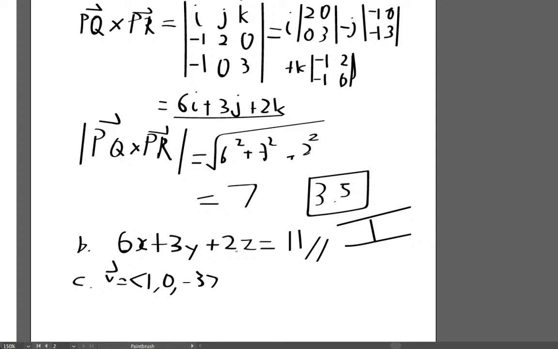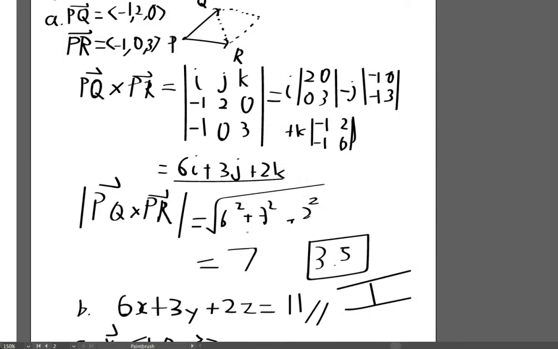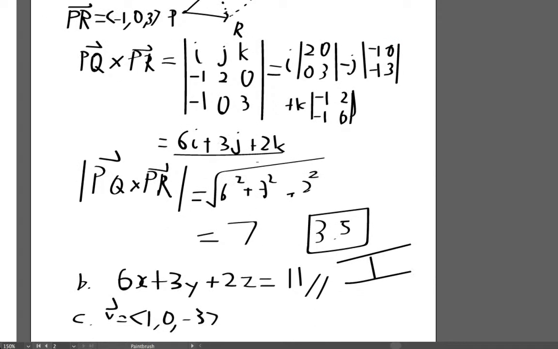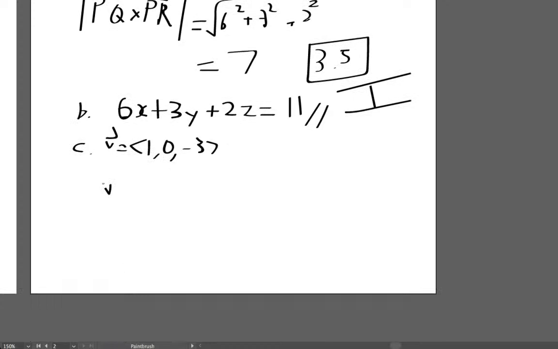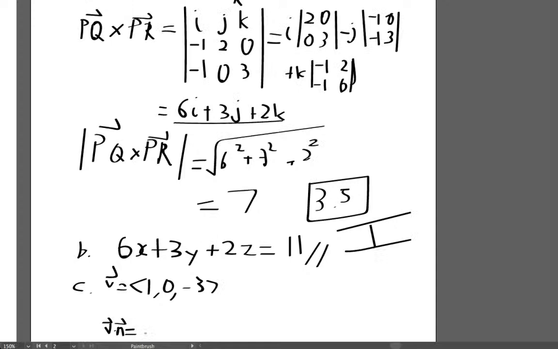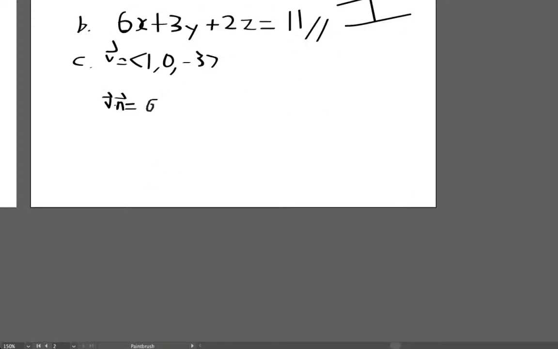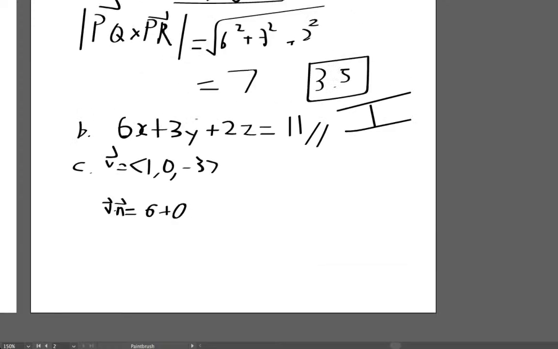If this vector is normal to the normal vector, that means the line and the plane are perpendicular to each other. So when you check this, 6, 3, 2 and 1, 0, negative 3, do the dot product. v dot n equals 6 times 1, that's 6, plus 0 times something, obviously that's 0, and then minus 3 times 2 would be minus 6.